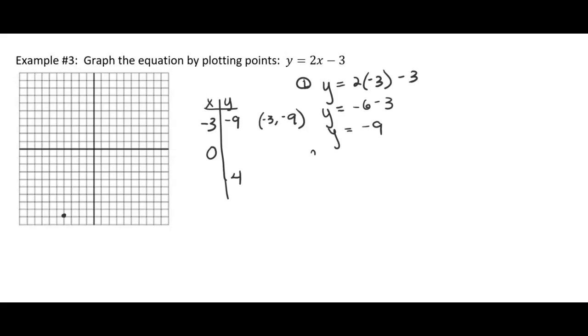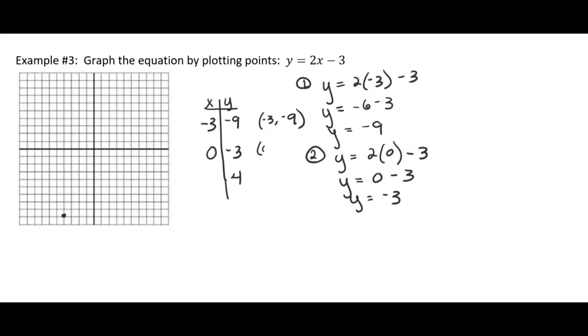Now we're going to do a second point. We're going to plug in 0 for x. So we get y equals 2 times 0 minus 3. You go to the same equation, because it's the equation that we're trying to graph. And then what do we get? Well, 2 times 0 is 0, and 0 minus 3 is -3. Now I can graph that ordered pair.